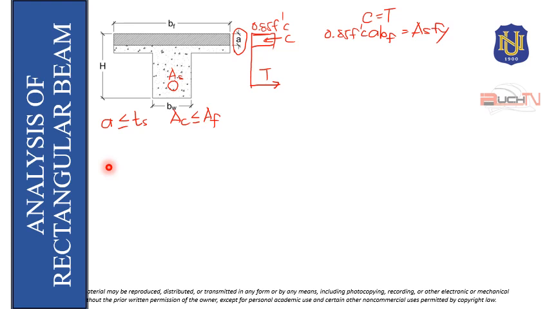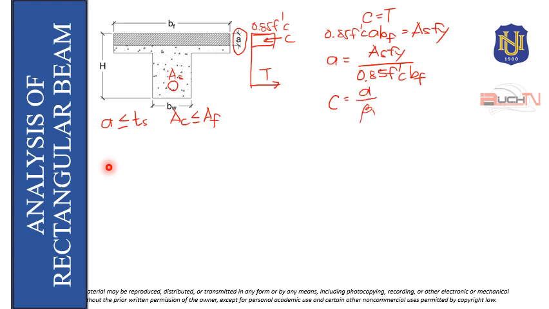Ngayon, yung theoretical value ni A is makukuha natin through the equation A is equal to AS Fy over 0.85 F prime C B sub F. Then, pag nakuha natin yung A theoretical, syempre, kukunin natin si C, which is A over the beta 1.